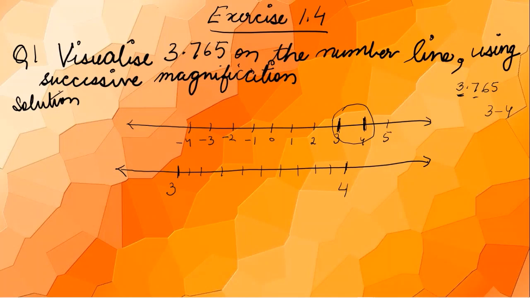So you can write after this, it will be 3.1 3.2 3.3 like this. Okay, so we want 3.7, so where it will be 3.1 2 3 4 5 6 7. So this point is your 3.7 and this point is your 3.8.